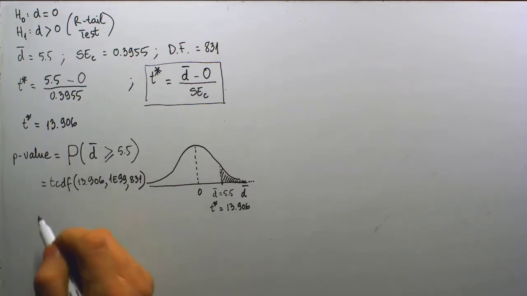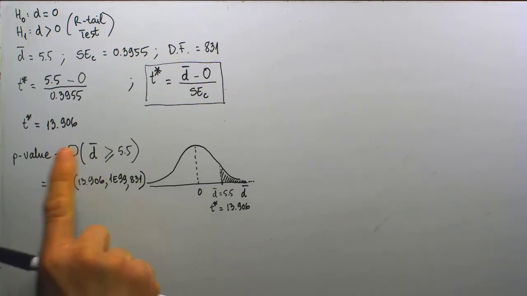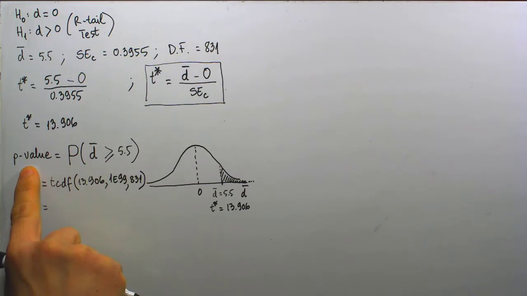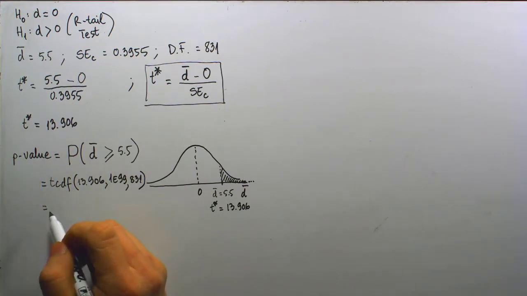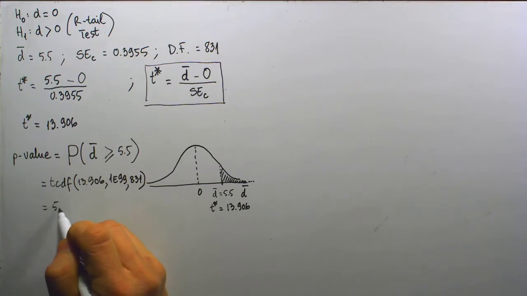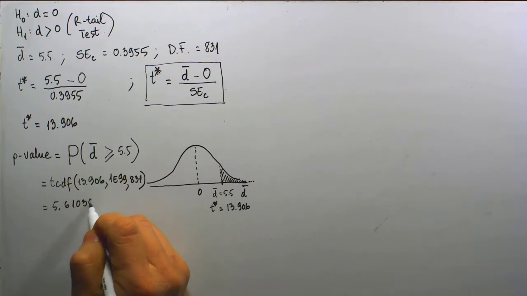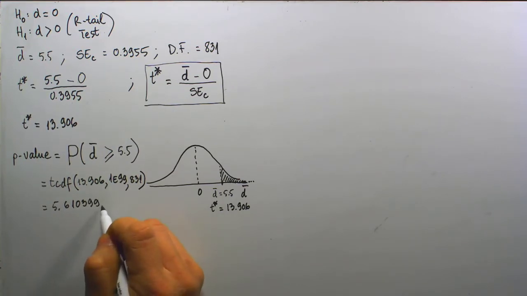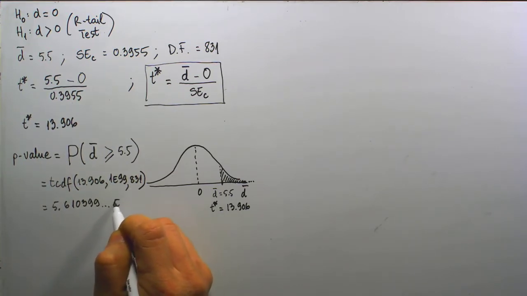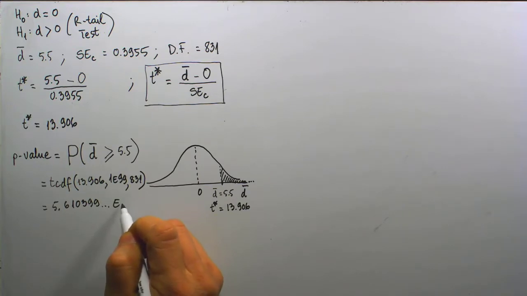And so now the answer that we have seen, which represents this probability, or in other words, the p-value for this particular sample that we're having here, we saw earlier on the calculator it was 5.610399, and a lot longer, with an E minus 40.